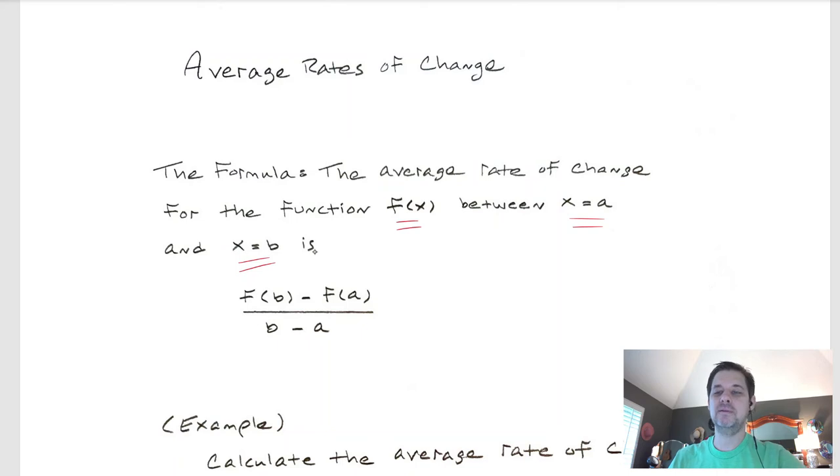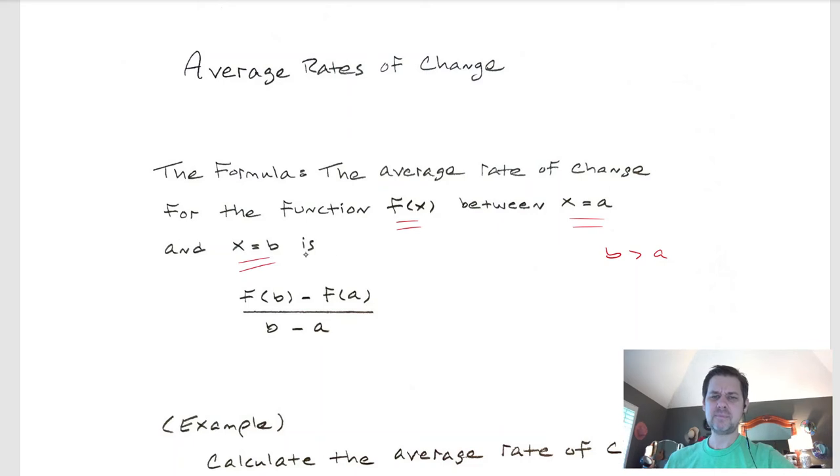The wording might be a little different, but it's going to be a lot like this. You're going to have these three things: a function, and then x equals a and x equals b. And we'll find also that b will be bigger than a. So between x equal to one number and x equal to another number that's bigger.